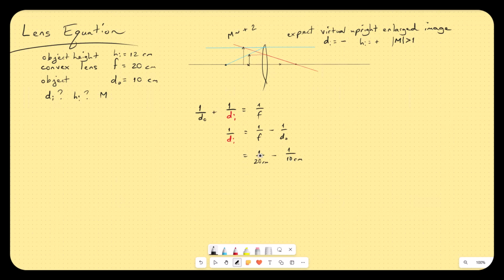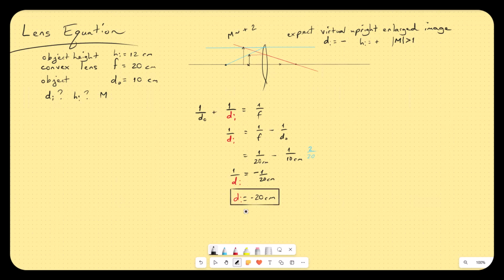1/10 is bigger than 1/20, so I am getting a negative. 1 over 20 minus this thing I can write as 2 over 20 gives me a negative 1 over 20 for 1 over DI. So my DI is going to be negative 20 centimeters.